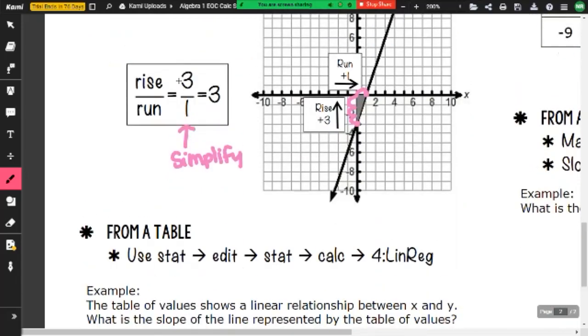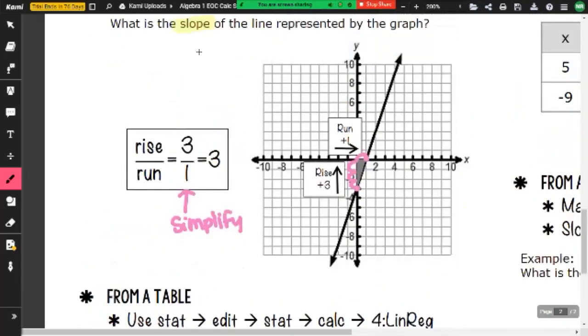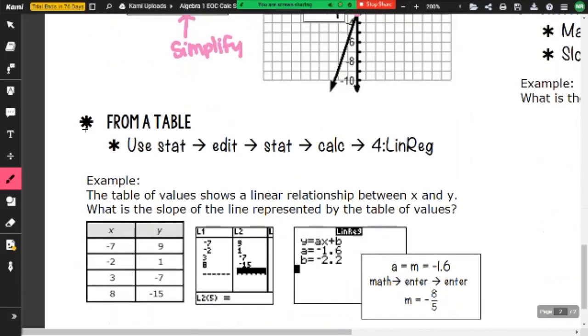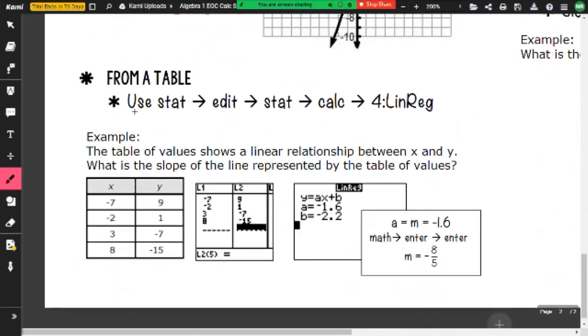Now, you could pick 2 points and put it into stat edit. If you're given a table like so right here, you can type all of those points into stat edit. And because we're talking about slope, and it literally says linear relationship, you know you're going to pick option 4, linear regression, once you go to stat calc.